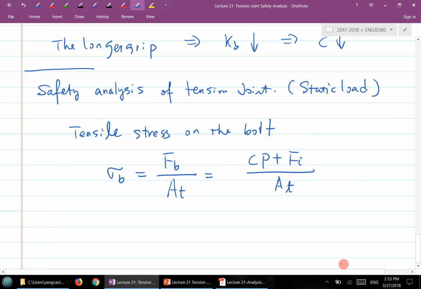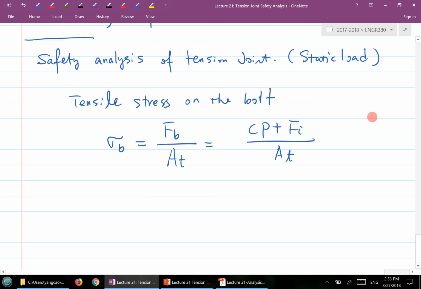Once we have the stress, we basically have three different types here, two of them directly related to this one. So type 1 analysis is this. All you do is calculate the safety factor by comparing your proof strength and the tensile stress. Proof strength is basically the limit for the bolt, and you compare that with the tensile stress.